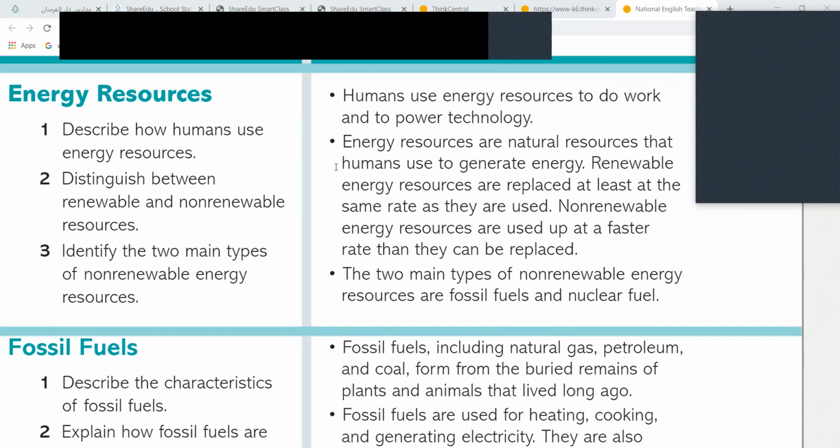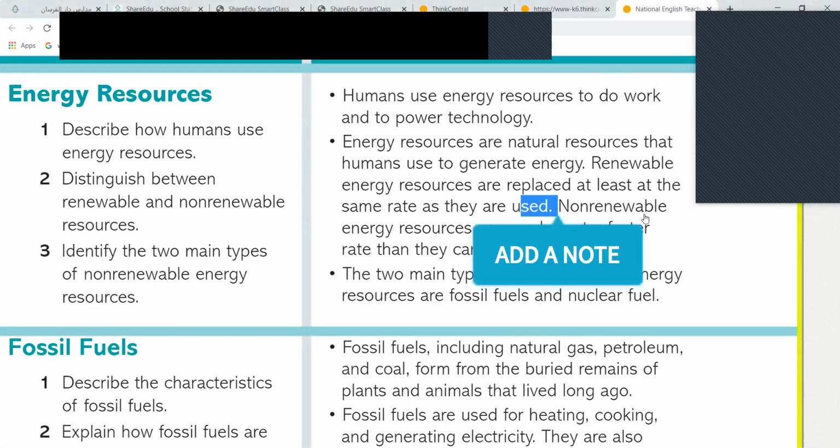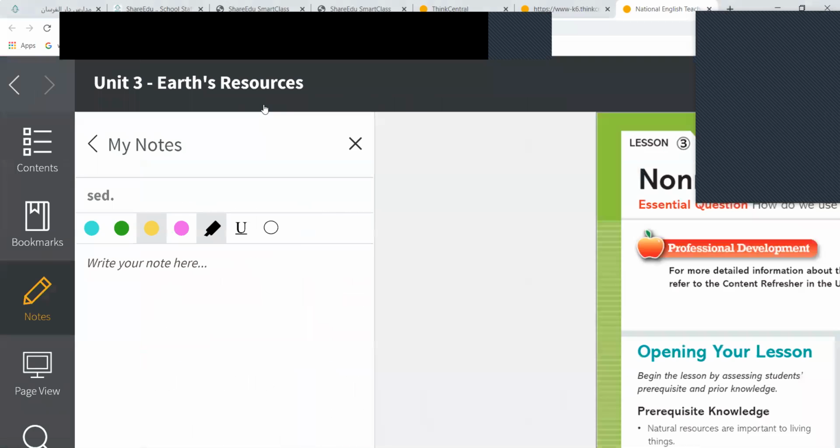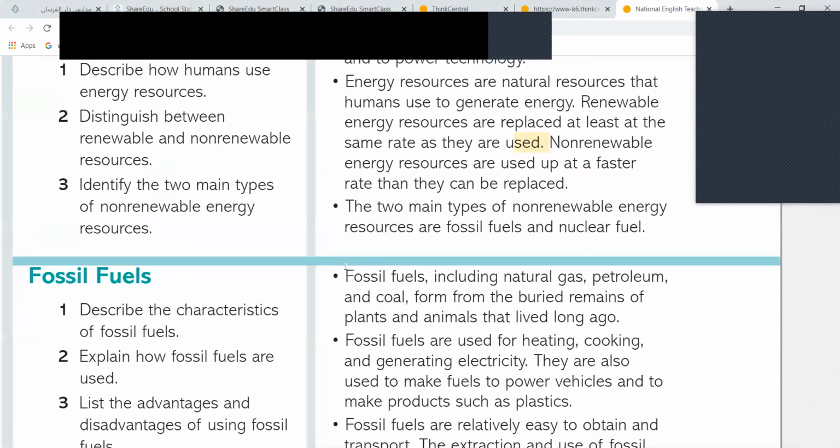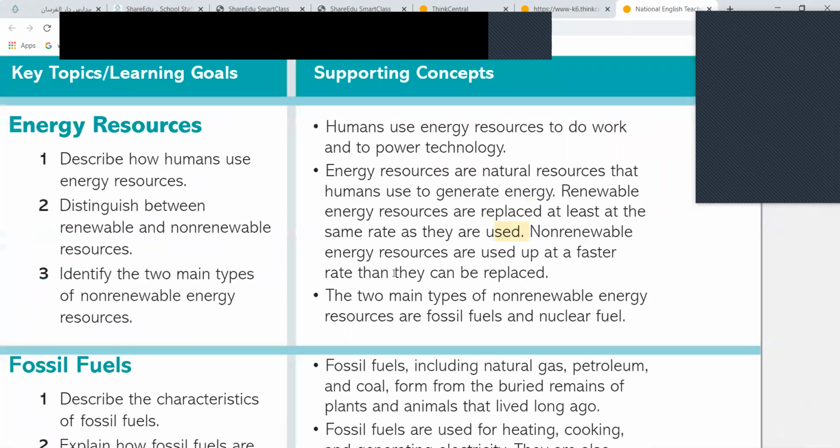Energy resources are natural resources that humans use to generate energy. Renewable energy resources are replaced at least at the same rate as they are used.